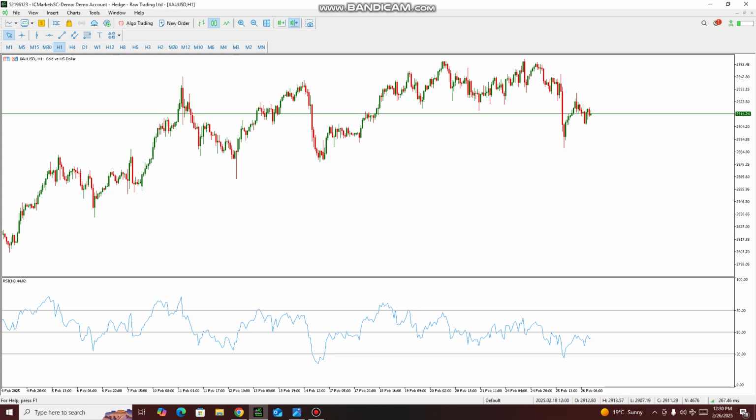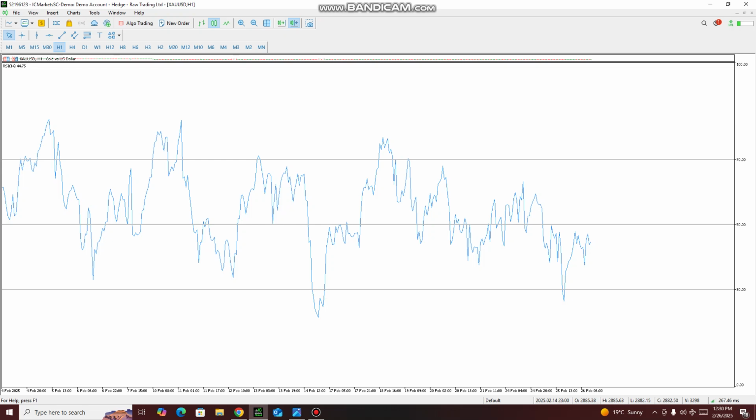Okay, so in this case, I'll be using the RSI. Let me just enlarge the indicators window. Now we have our 70% level, our 50% level, and our 30% level. The strategy is contrary to popular belief.